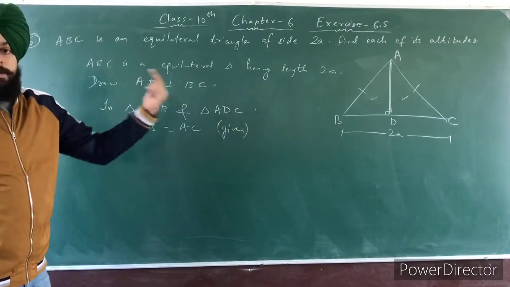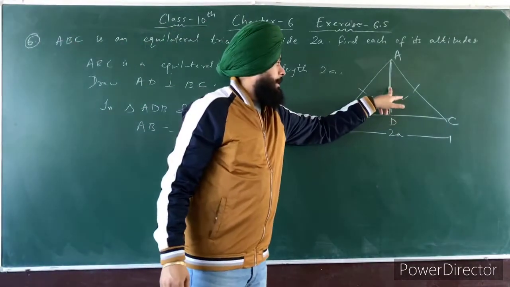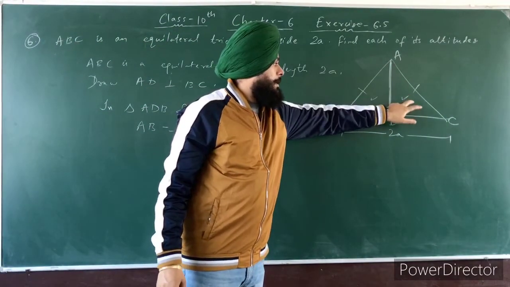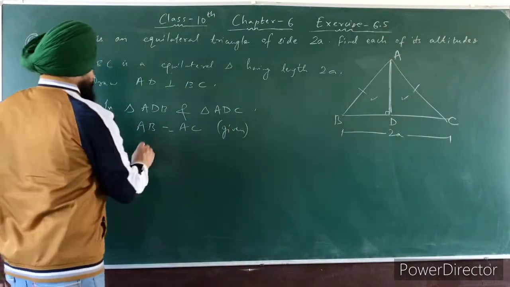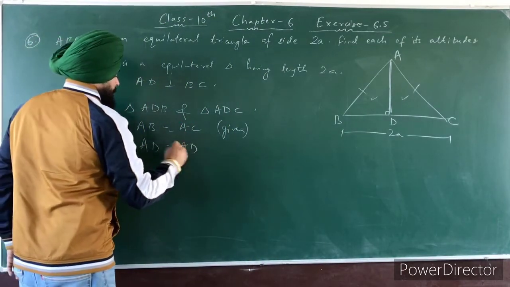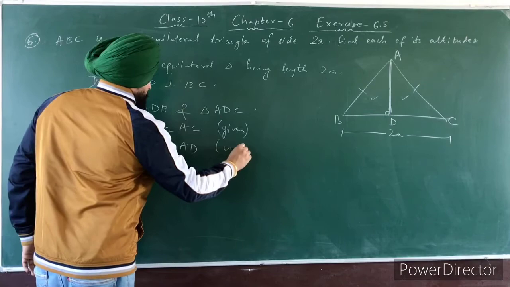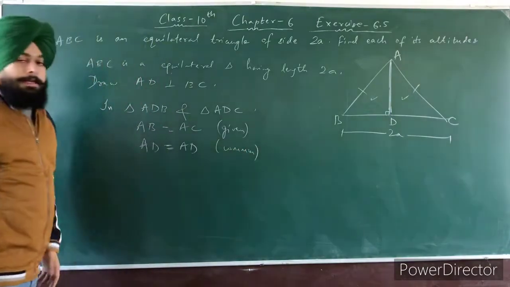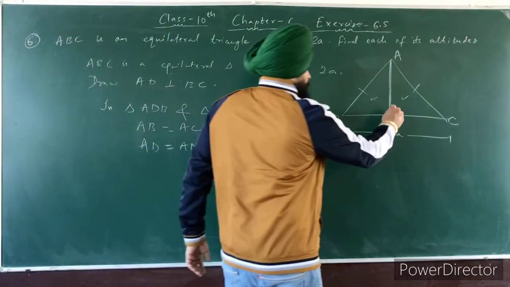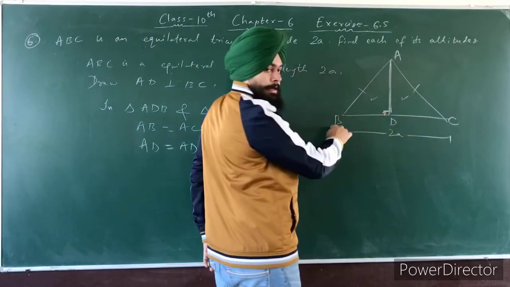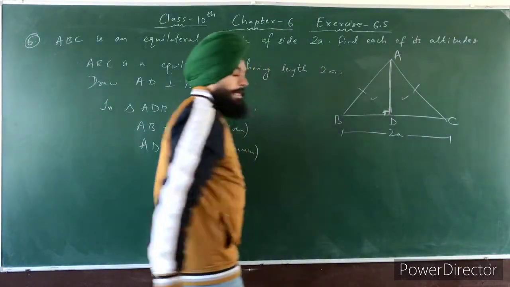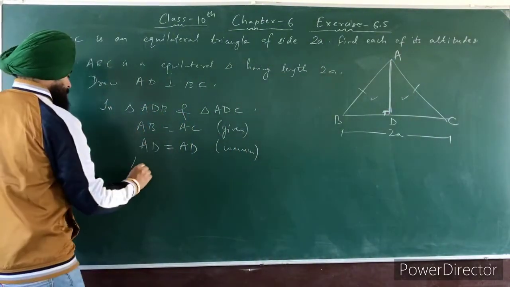AD is common in both these two triangles, AD in this triangle also and in this triangle also. Right here AD is equal to AD. Reason: common. And the third one is this one: angle ADB is equal to angle ADC, 90 degrees each.